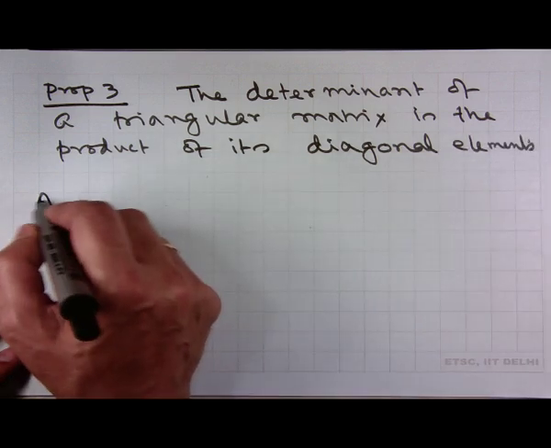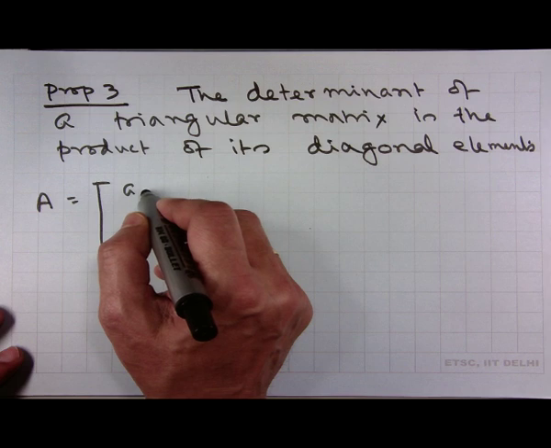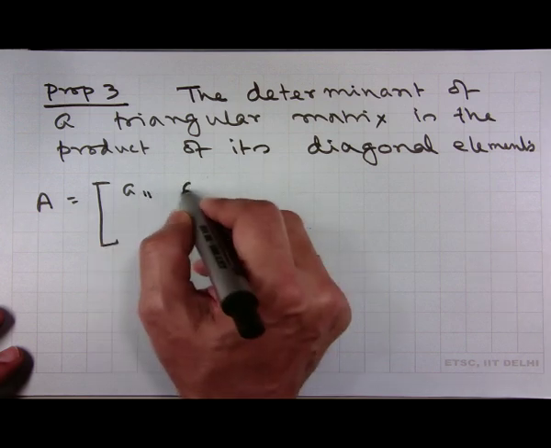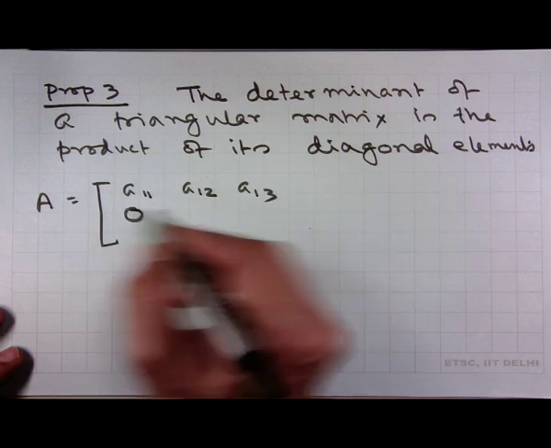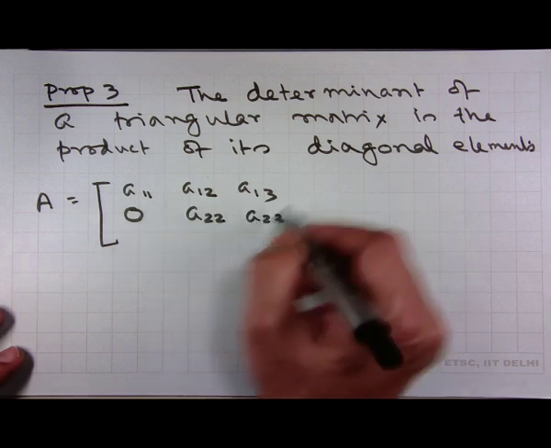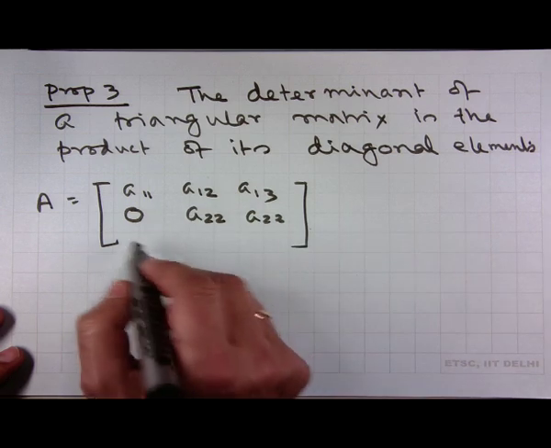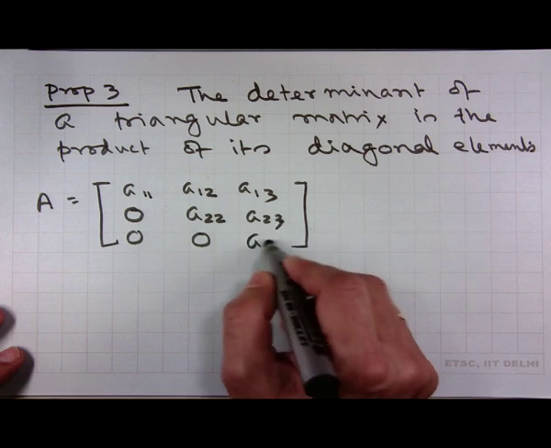For example, consider A is equal to a11, a12, a13, 0, a22, a23, 0, 0, a33.